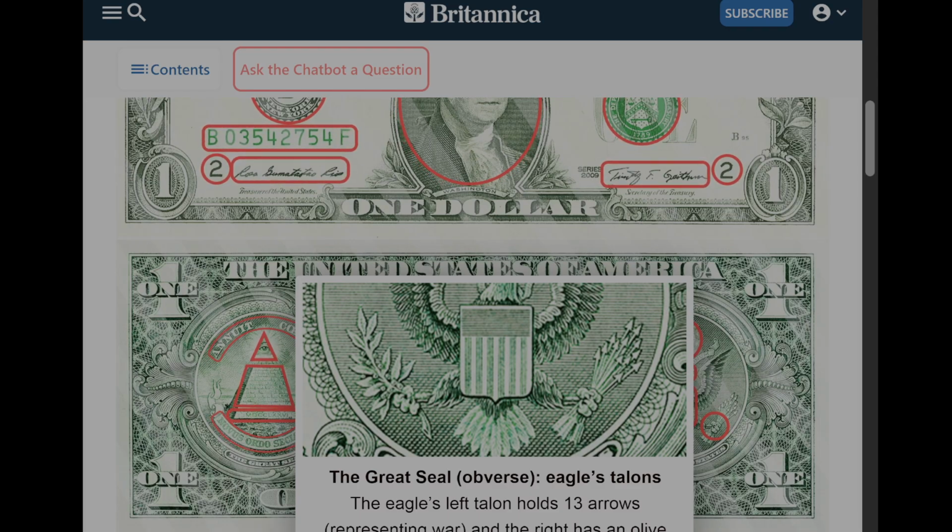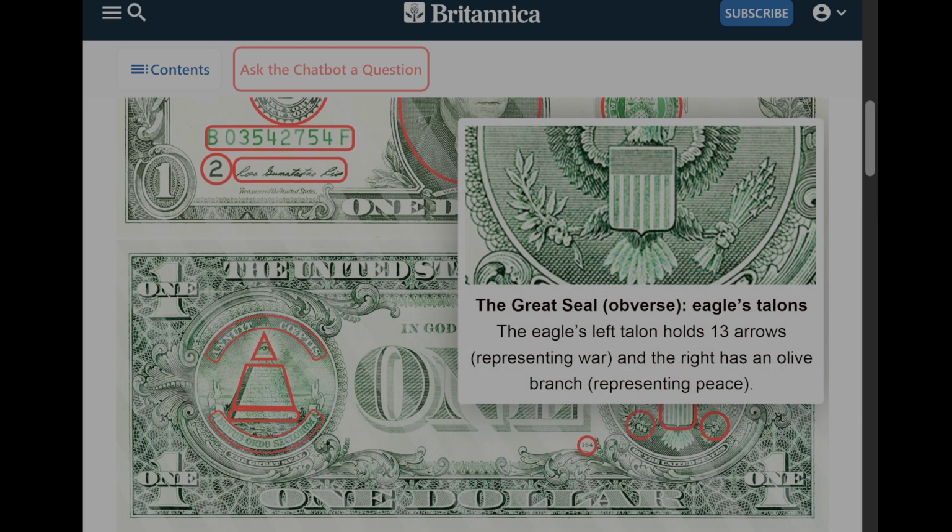The eagle's left talon holds 13 arrows. If you have it up pointing out at somebody else, it would be to the left, but in this picture it's to the right. 13 arrows represent war, and the right has an olive branch representing peace, which is this one here.